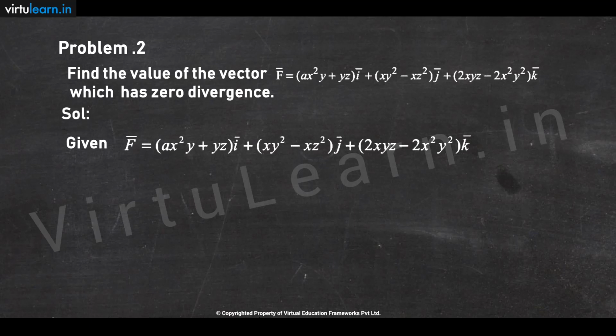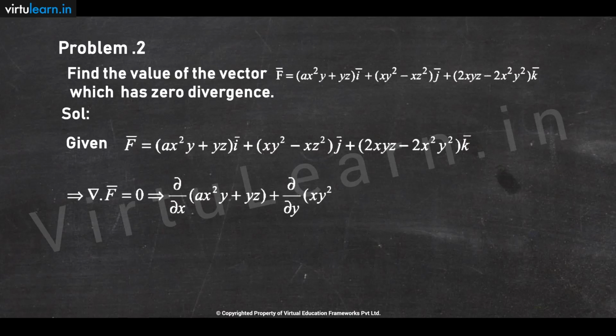We know how to find out the divergence. Dou by dou x of the first component plus dou by dou y of the second component plus dou by dou z of the third component. That means dou by dou x of ax square y plus yz, plus dou by dou y of xy square minus xz square, plus dou by dou z of 2xyz minus 2x square y square. This should be equal to 0.